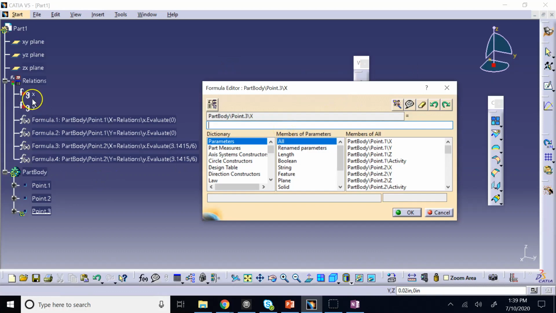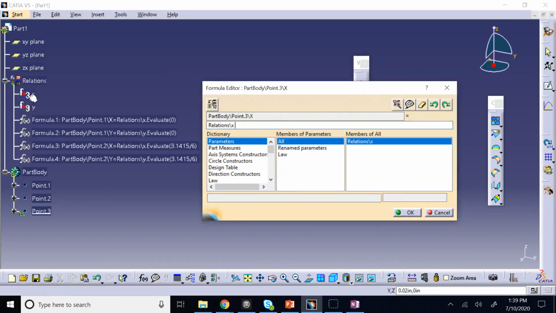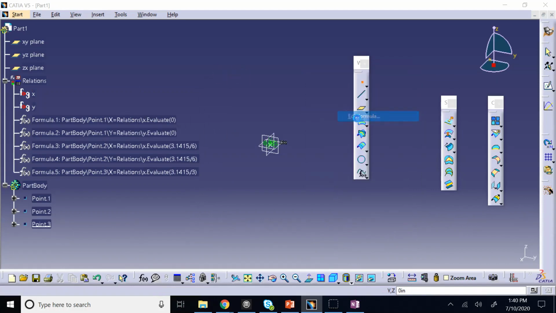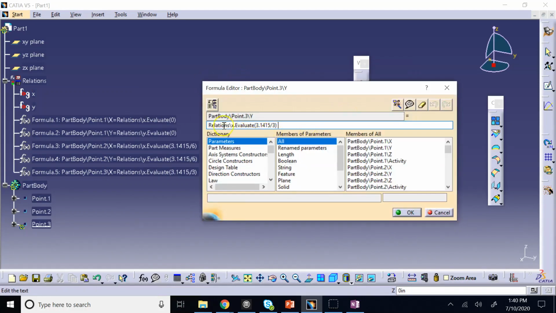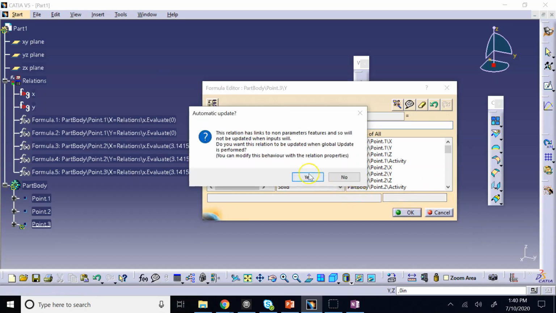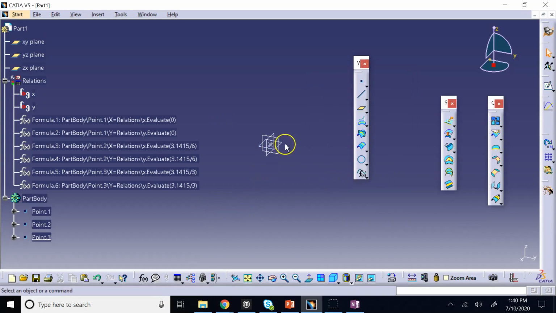So again here, dot evaluate at 3.1415 divided by, let's say, 3 this time instead of 6, correct? You okay that, and then here, use it for y. So you get your third point.